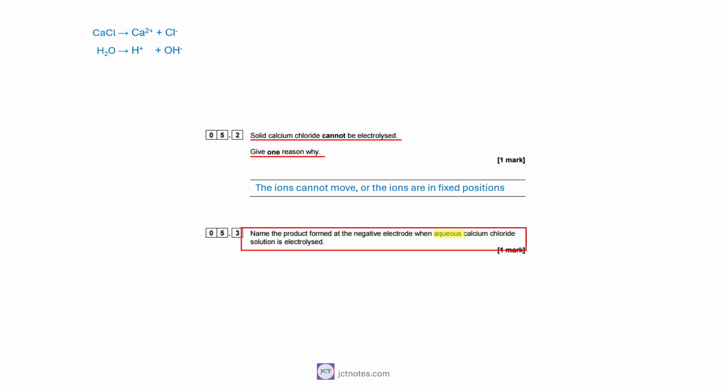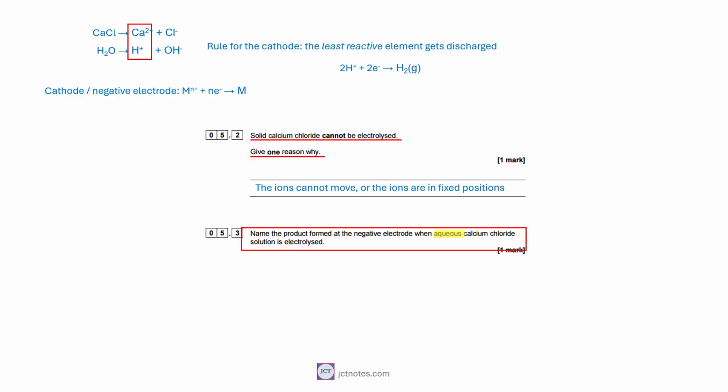At the negative electrode, or cathode, the positive ions compete to gain electrons. Our positive ions are calcium and hydrogen. The rule for the cathode is simple: the least reactive element gets discharged. Because hydrogen is much less reactive than calcium, the hydrogen ions gain electrons to form hydrogen gas. So, the correct answer is hydrogen.